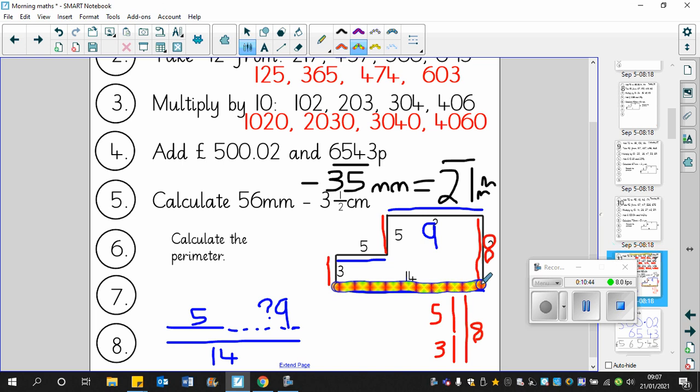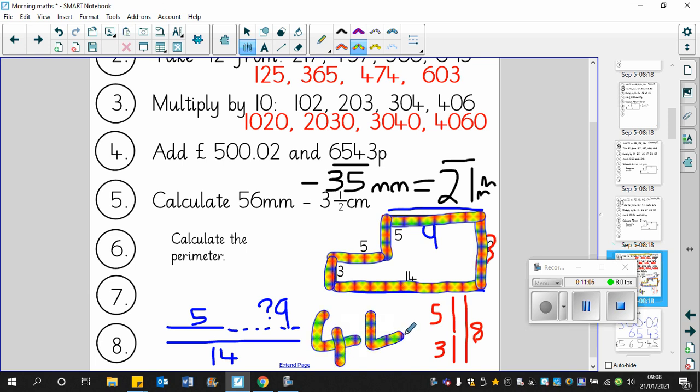Okay, add 8. 14 add 8 is 22. Add 9 is 31. Add another 5 is 36. Add another 5 is 41. Add a 3 is 44. So I'm going to write 44 down there, but I'm not going to say that that's the answer, because I'm going to use a different pen and I'm going to check.